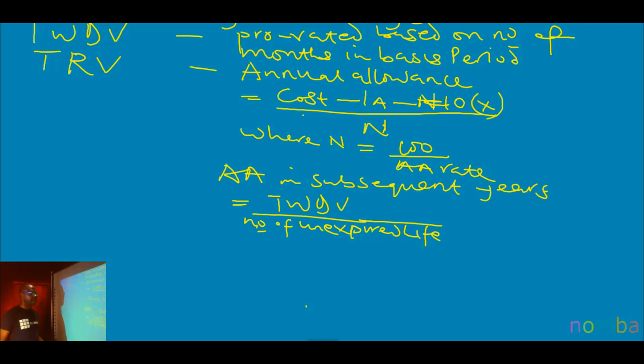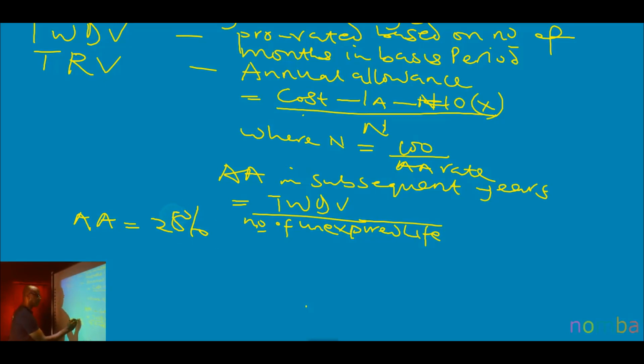Okay? Sometimes the examiner could decide to be tricky and come in with a question that looks like this: during the lifetime of the asset, the AA rate was changed. If the AA rate was changed, take note, what happens? Let me give you an example. At the start of the business, the AA rate is equals to 25%.